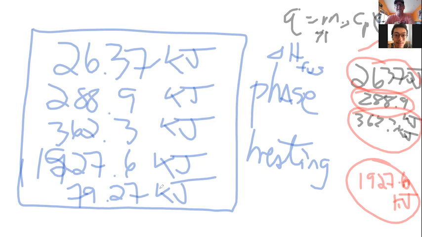Whenever you heat something, you need to consider its heat capacity. When you're melting or boiling something, you're not changing the temperature. And then the other thing to remember is to get the right heat capacity, because the heat capacity for liquid water, solid water, and gaseous water are all different. So make sure you get the right one. And then knowing when to use moles and when to use grams. So there's a lot going on in this problem.